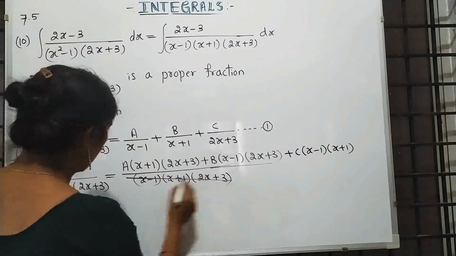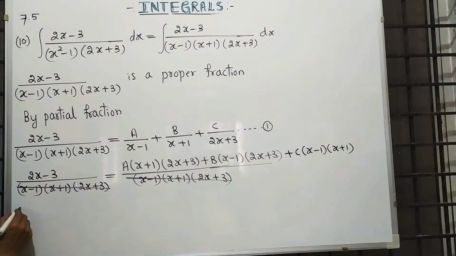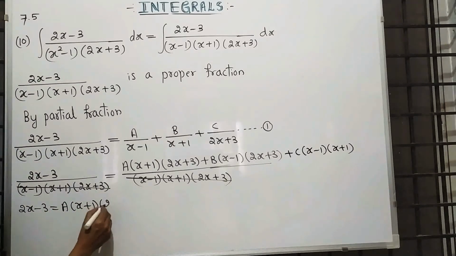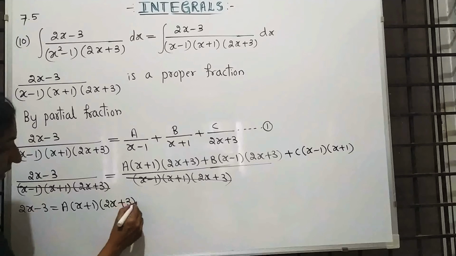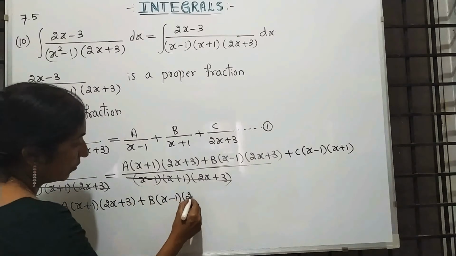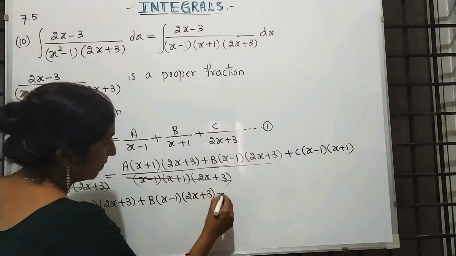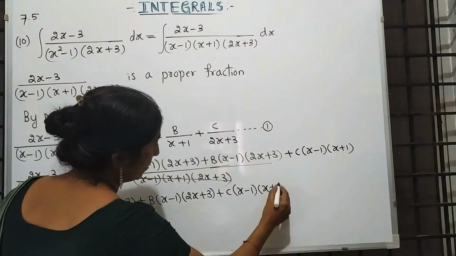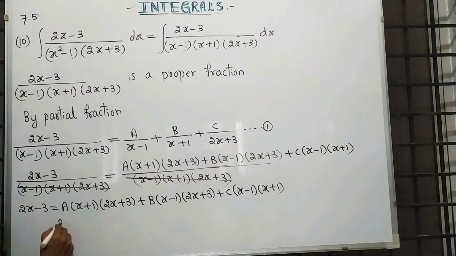On both sides the denominator gets cancelled. Write down the remaining: 2x minus 3 is equal to a into (x plus 1) into (2x plus 3) plus b into (x minus 1) into (2x plus 3) plus c into (x minus 1) into (x plus 1).